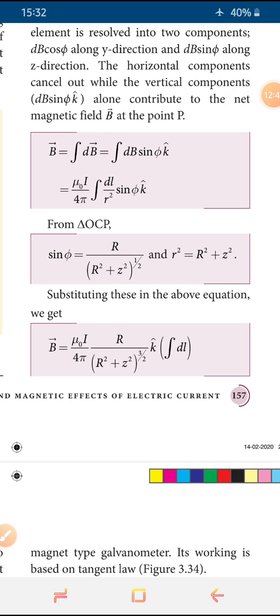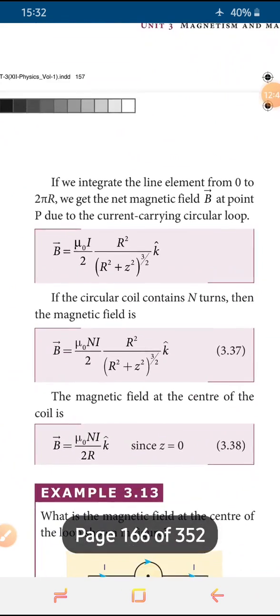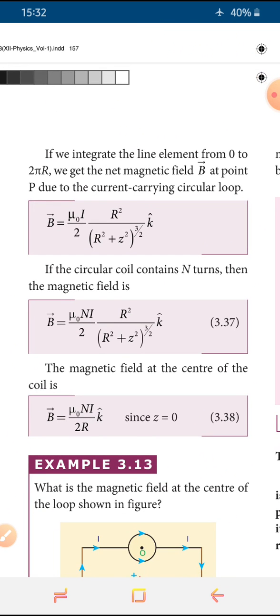After substituting the equation, in the continuation of the derivation we are going to integrate dl. The segment is selected as a small length dl. We can start the length from 0, and the whole circle will give the circumference. The formula for the circumference of the circle is 2 pi r. Understood?